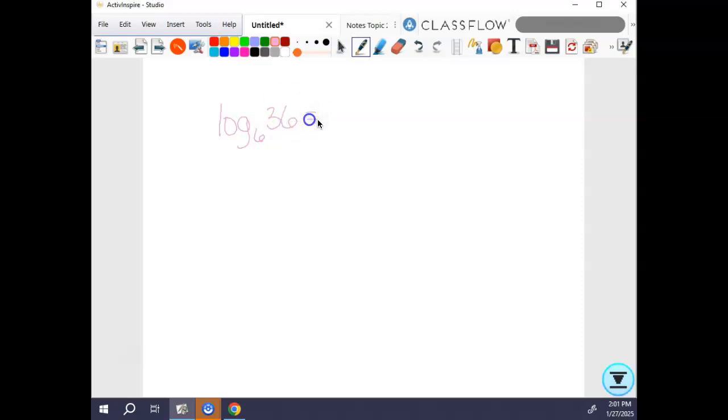I'm going to rewrite that as log base 6 of 6 squared. Do you agree that those are equal? Okay. So now I'm going to use my power property and bring this 2 out front. So this is going to give me 2 times log base 6 of 6. What's log base 6 of 6? 1. And 2 times 1 is 2. So it's just a more complicated way to write the number 2, right?